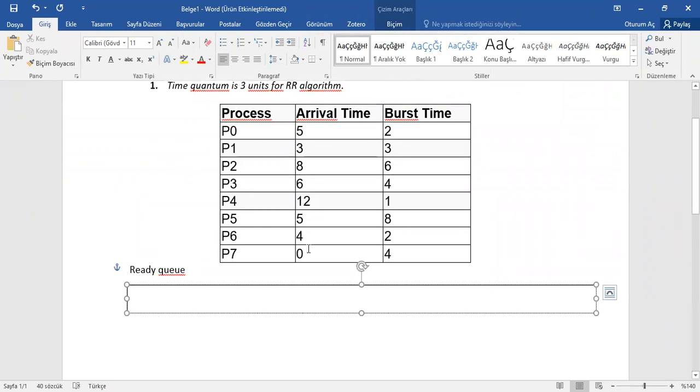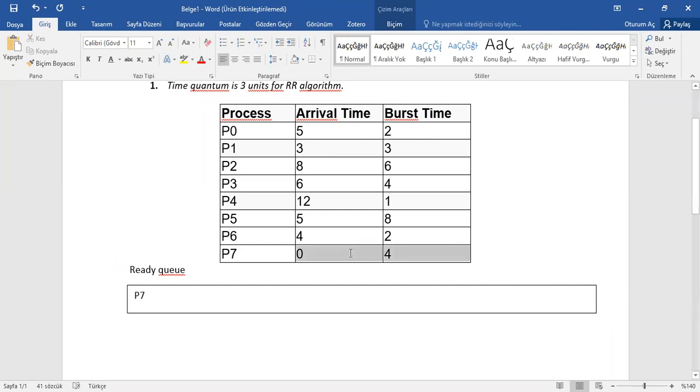Look, it doesn't matter, the arrival times do not need to be in order, okay? So the first one, process 7, arrived at time 0.